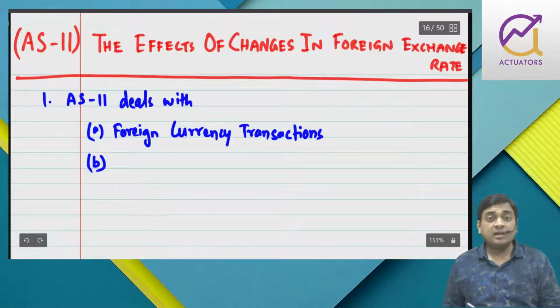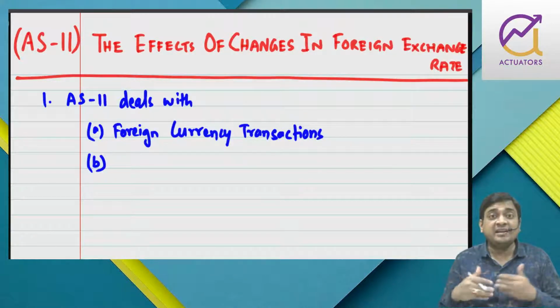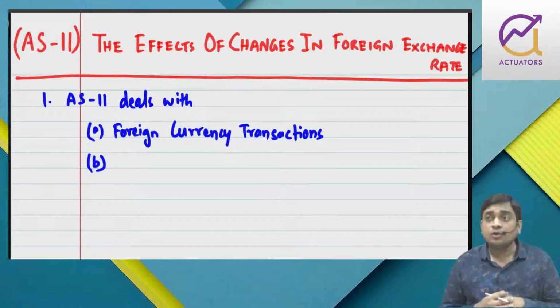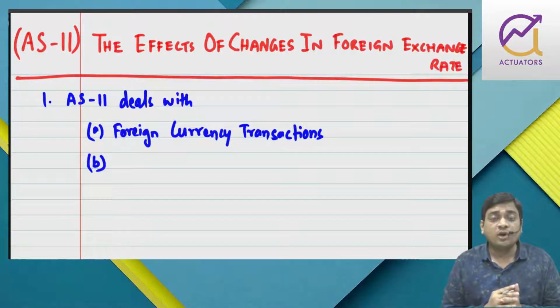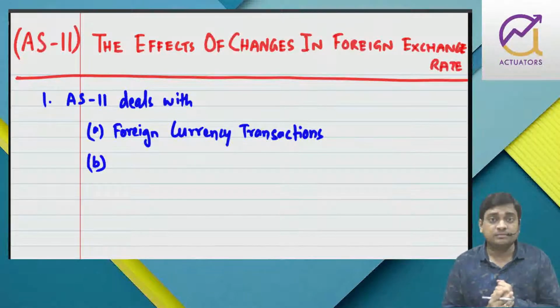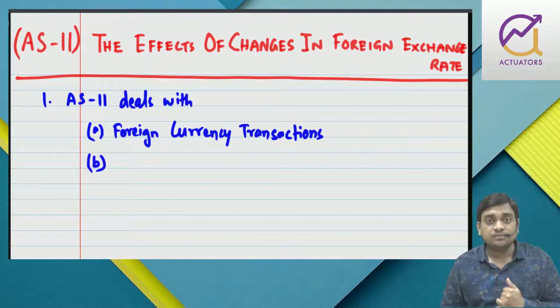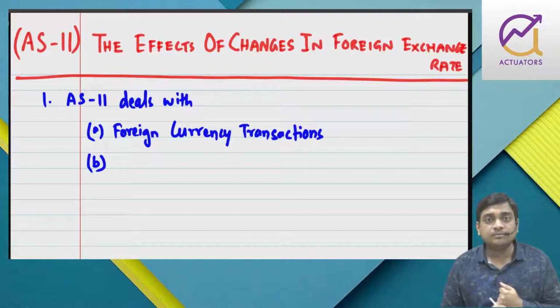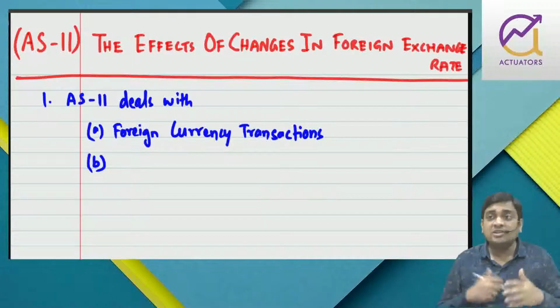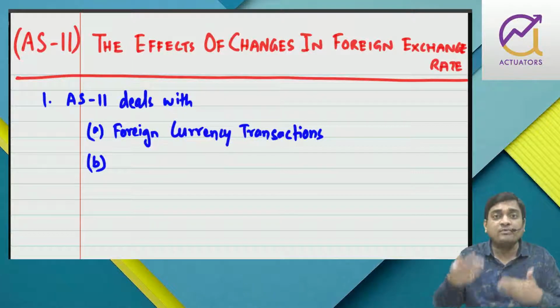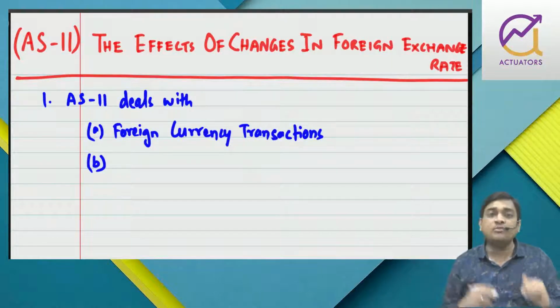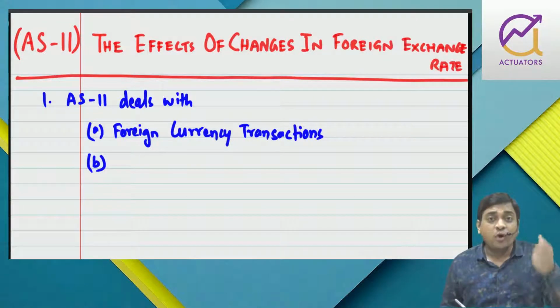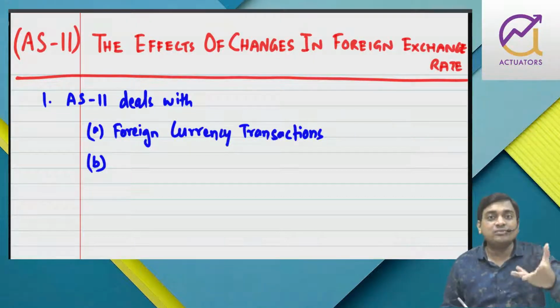There are so many transactions which we enter in foreign currency. Goods sold to a foreign customer, that is export. Goods purchased from a foreign supplier, that is import. Instead of borrowing from an Indian bank, I am borrowing from a foreign bank. So the foreign bank will give me the loan proceeds in foreign currency.